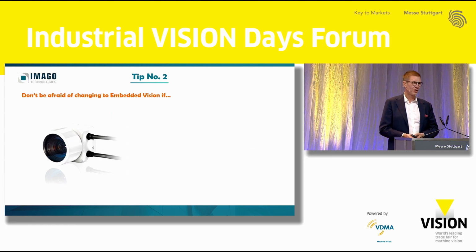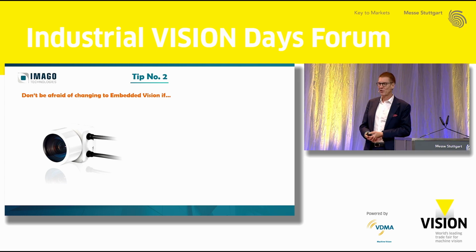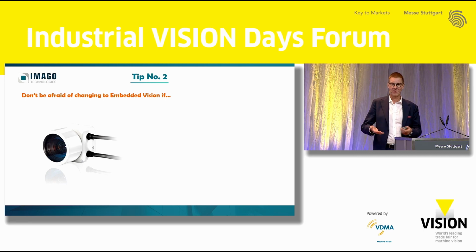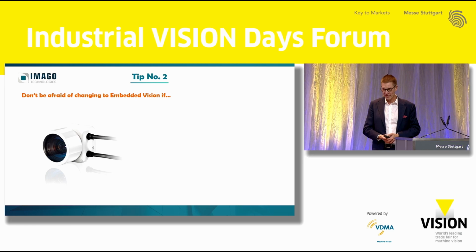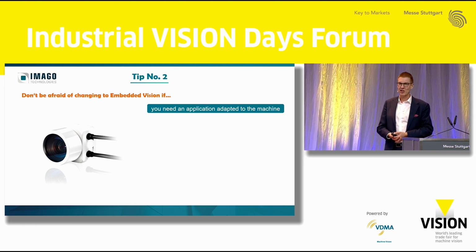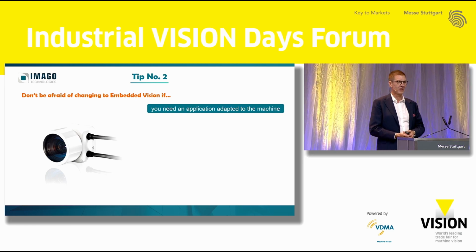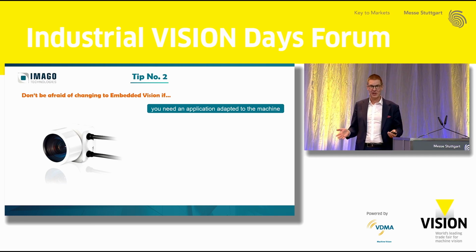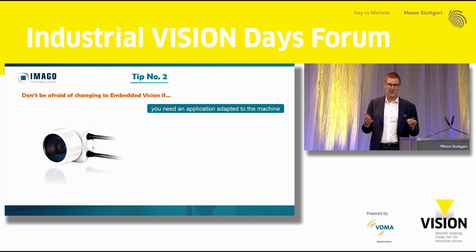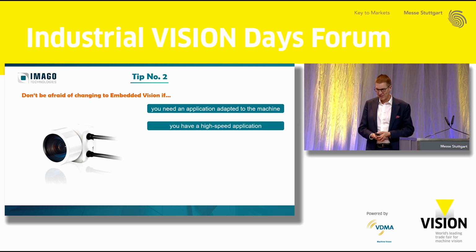Tip number 2. Maybe in the market you see a lot of embedded vision systems for code reading. That is not the real world. Today, many different applications are already embedded into machines. So don't be shy to have some fantasy, to ask for specific ideas.